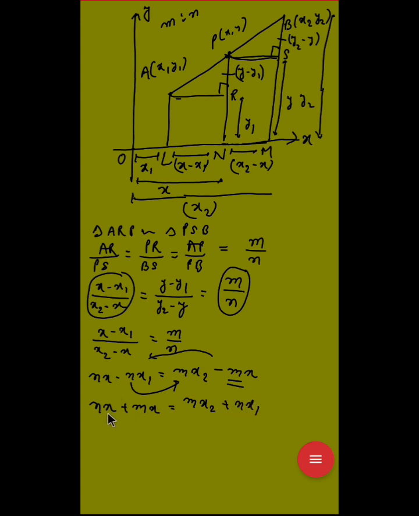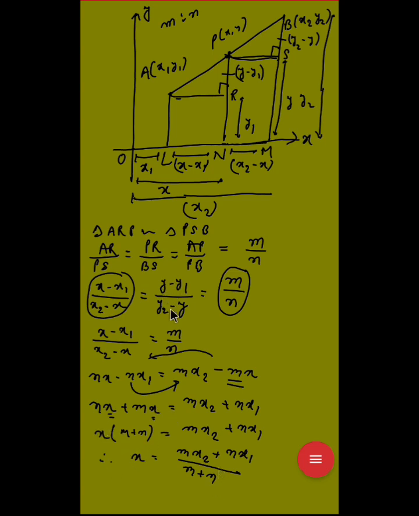Taking x as common, it becomes x in bracket m plus n is equal to mx2 plus nx1. So we are finding the value of x, and x is defined by mx2 plus nx1 divided by m plus n.